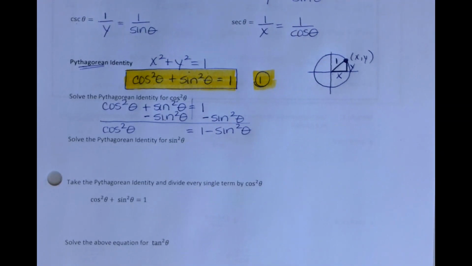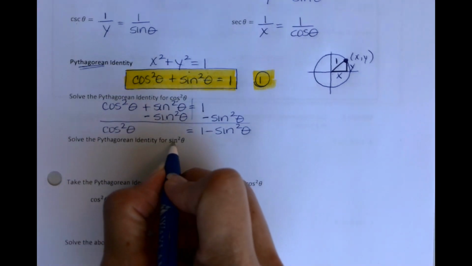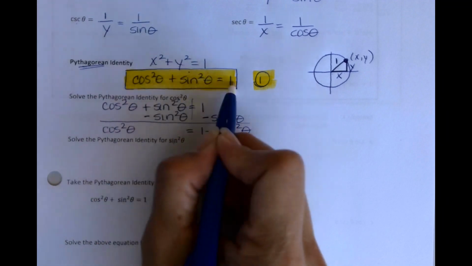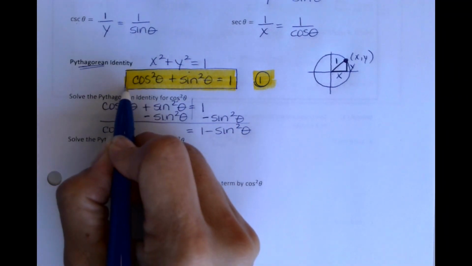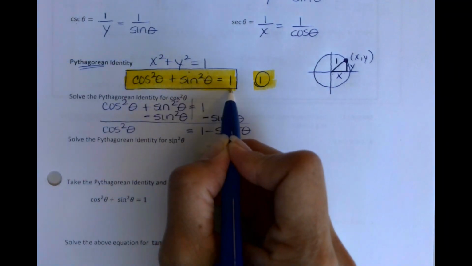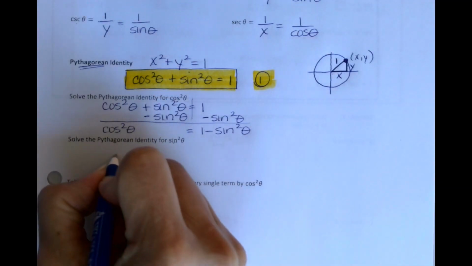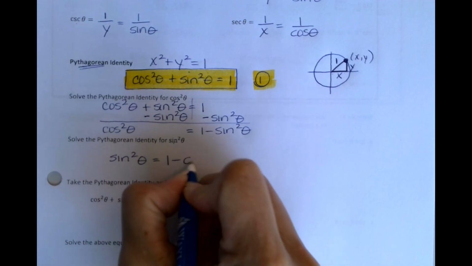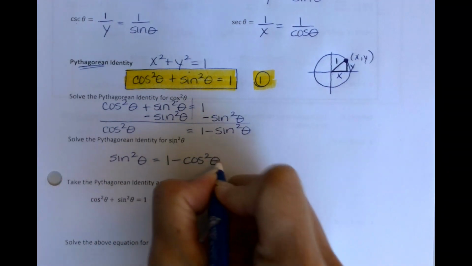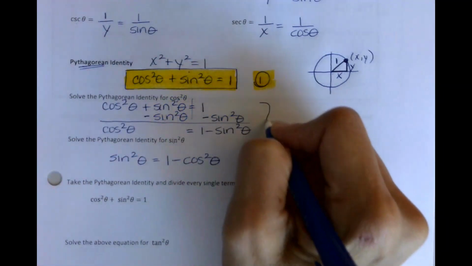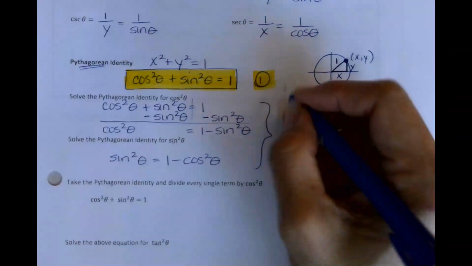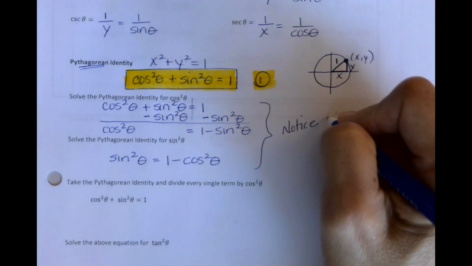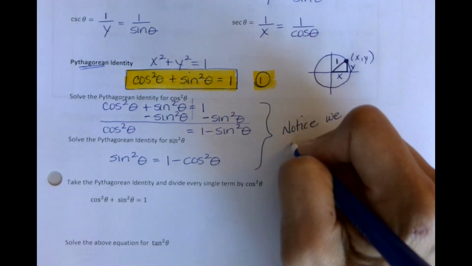It's solved for. In that same manner, if I wanted to solve for sine squared, well, I would do what to both sides? Well, cosine squared subtracted on this side, subtracted on this side. So sine squared theta would equal 1 minus cosine squared theta. So both of these equations are just being manipulated to be solved for a specific trig function that we want to use.